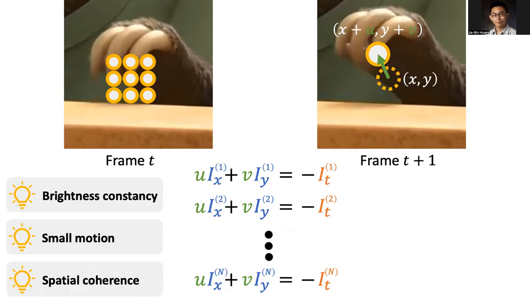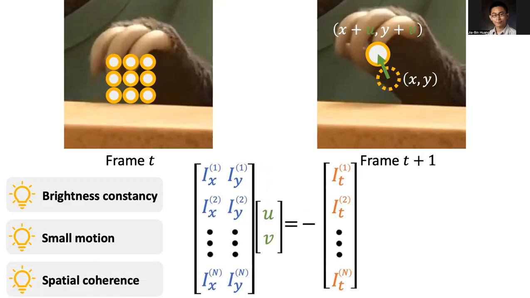Now you have a collection of equations, and you reshuffle them to give a linear system of equations, which is just writing it more conveniently. The unknown is d, the motion u and v, and the known quantities are the x gradient, y gradient, and temporal gradient.